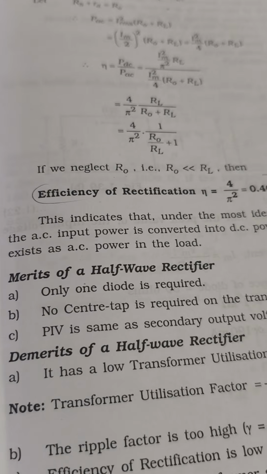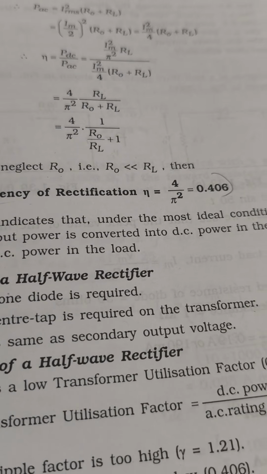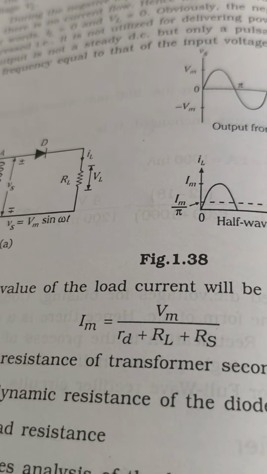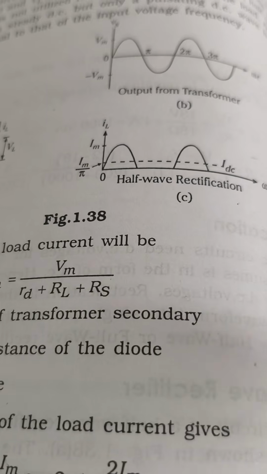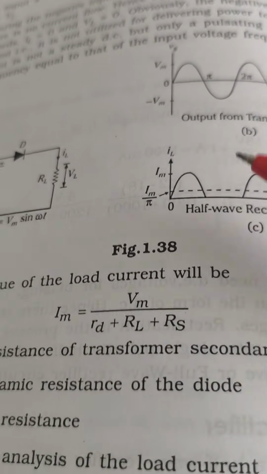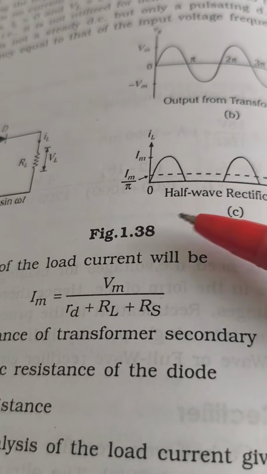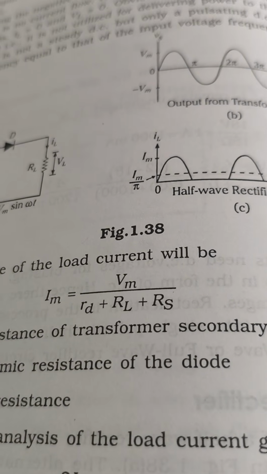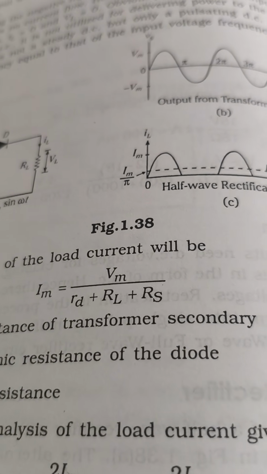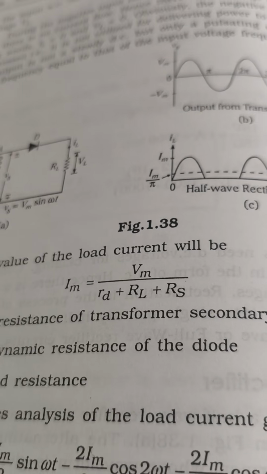Why is the efficiency of the half wave rectifier 0.4 and the full wave rectifier 0.8? Because efficiency means output by input. Output is this, input is this. We are not getting the complete half cycle here. Therefore, the efficiency of the half wave rectifier is less.